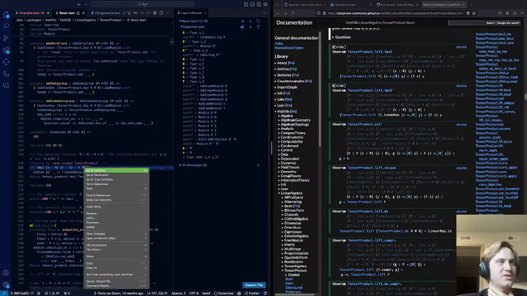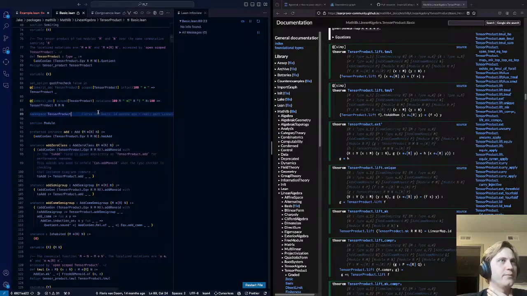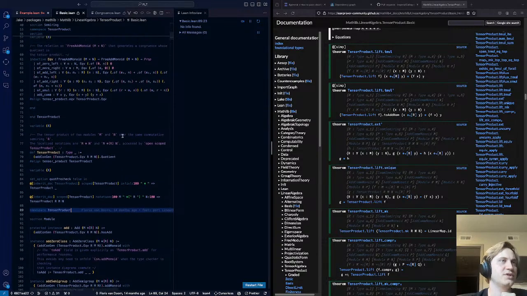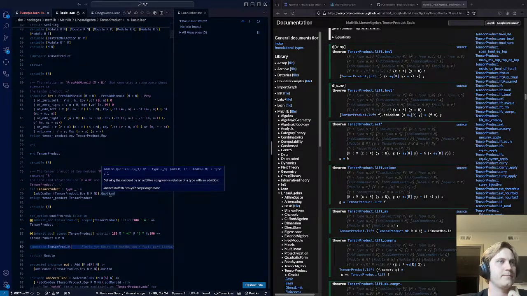Right, okay, so if I go here, the tensor product is defined as the quotient by an additive congruence of a type with an addition.